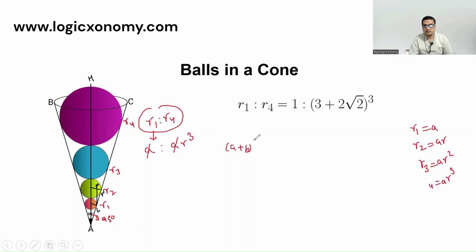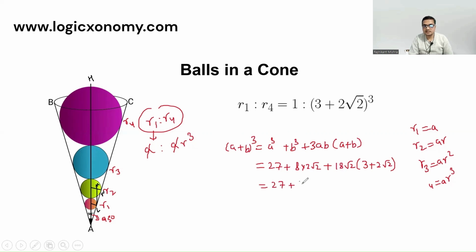As we know, A plus B cube is equal to A cube plus B cube plus 3AB, A plus B. 3 cube is equal to 27, B cube, 2 root 2 cube, 8 into 2 root 2, plus 3AB, 9 into 2, 18 root 2, in bracket 3 plus 2 root 2. 27 plus 16 root 2 plus 54 root 2 into 36 into 2 is equal to 72. 72 plus 27 is equal to 99. 16 plus 54 is equal to 70 root 2.